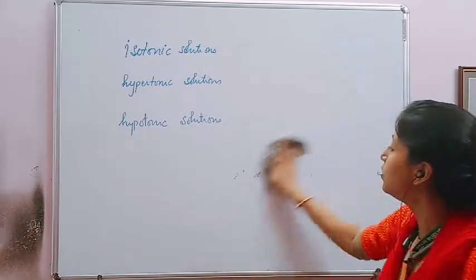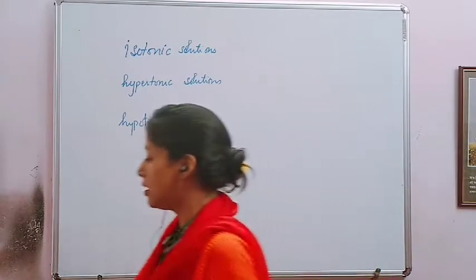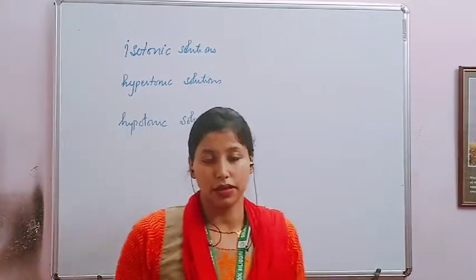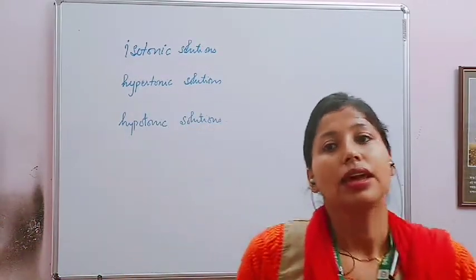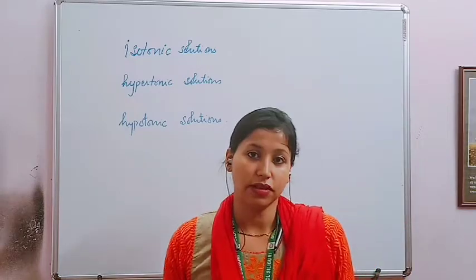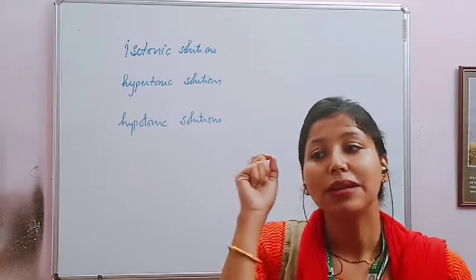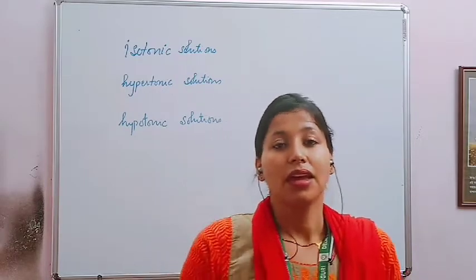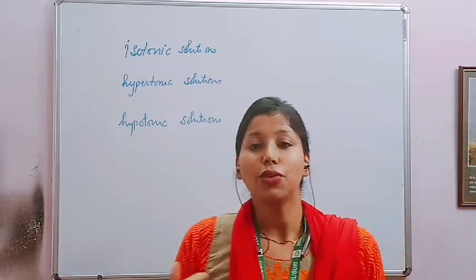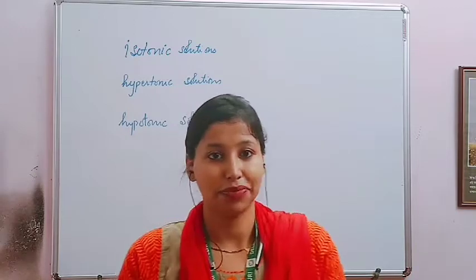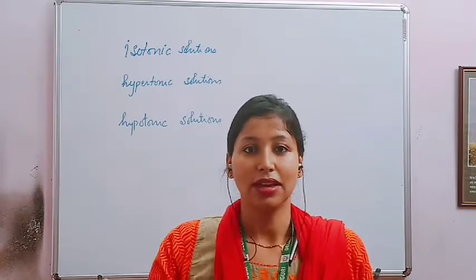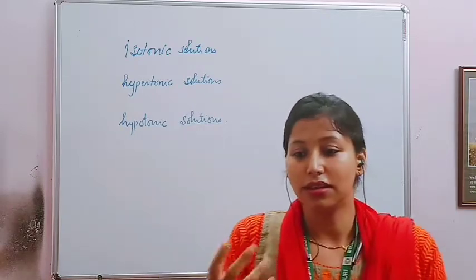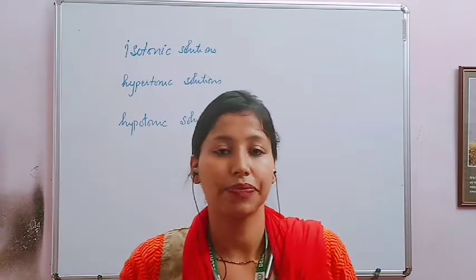Now, osmosis also has some very good applications in our daily life. Whenever we bring flowers to our homes, we directly put them in a flower vase in water. We do that because we know if we don't, the flowers will lose moisture and wilt.